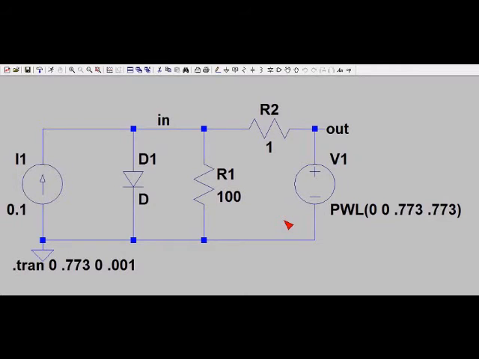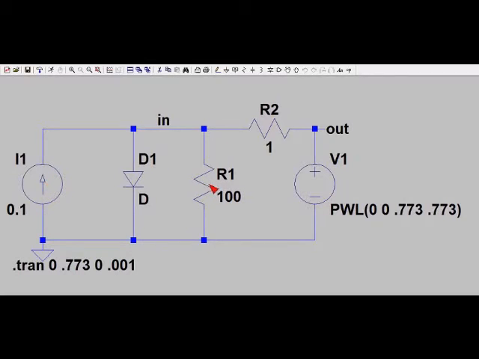Here I'm in my LTSpice program, and I've set up an electrical model for the solar cell. This diode D1 is the PN junction diode, and this current source is a measure of the light intensity that the solar cell receives. So the more light, the greater the current flow in this current source.